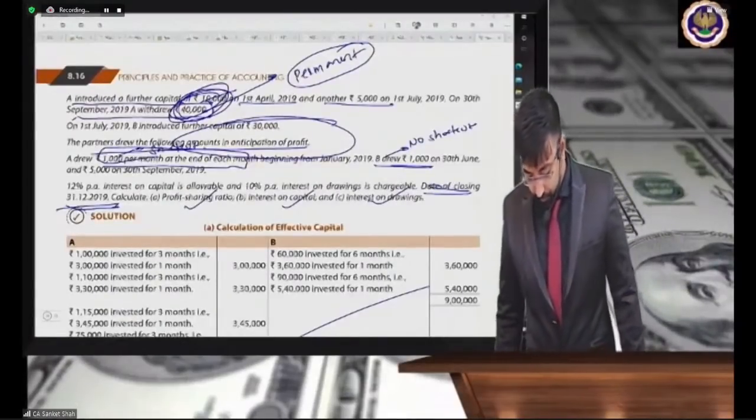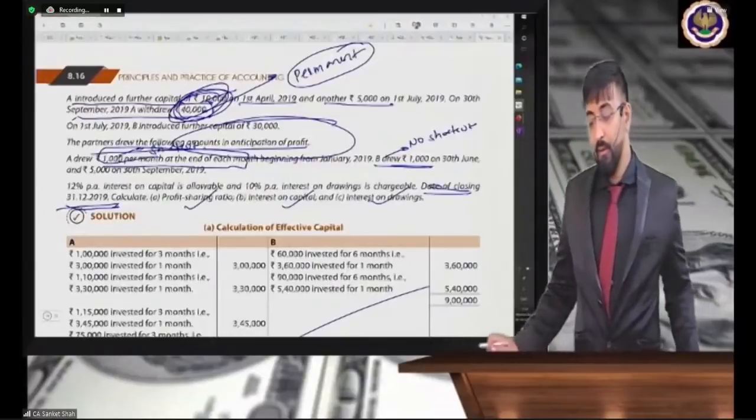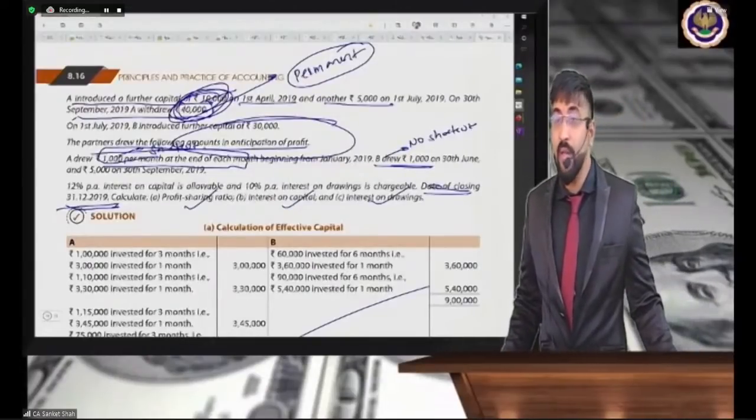So permanent drawing 40,000 is different and temporary drawing is different.